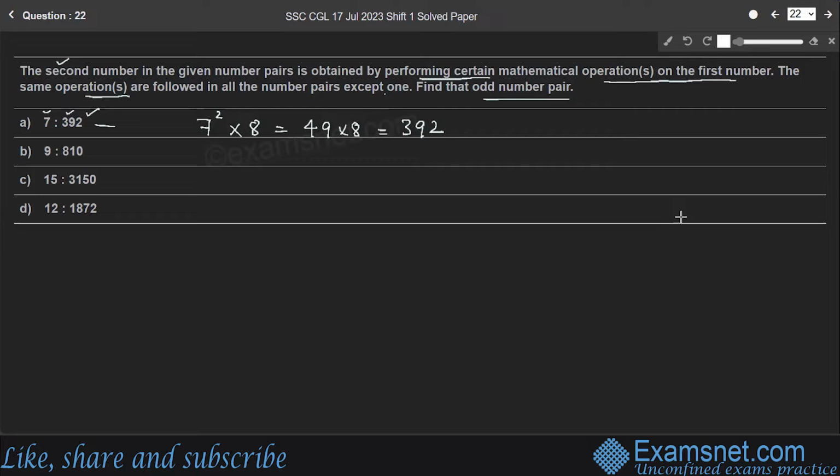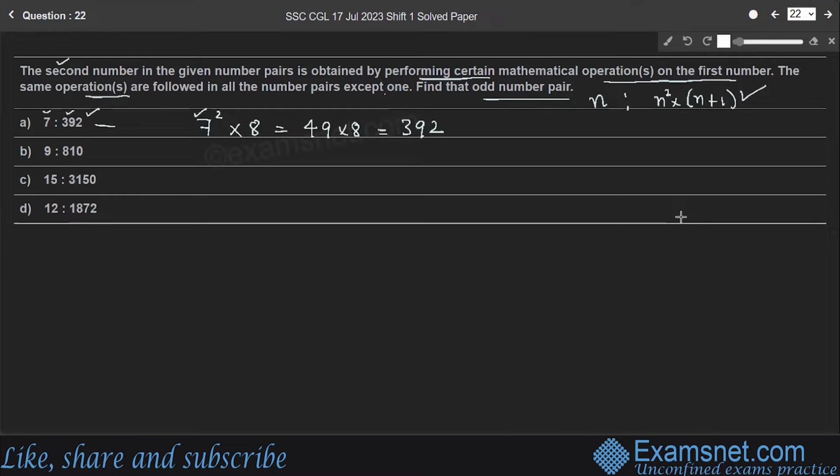According to the given number pair, the first number squared, into the next number to that number, gives the second number. Therefore, if I consider n as the first number, the second number will be n square into n plus 1. Here n is 7 in the first option. n square is 7 square, into n plus 1, which is 7 plus 1, which is 8.